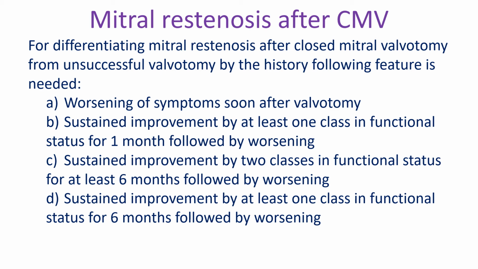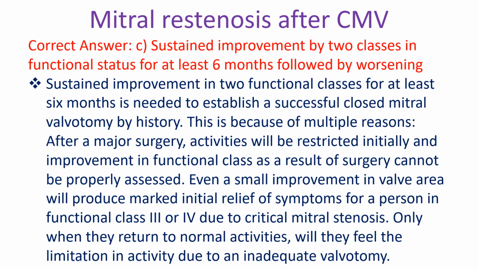C. Sustained improvement by 2 classes in functional status for at least 6 months followed by worsening. D. Sustained improvement by at least 1 class in functional status for 6 months followed by worsening. Correct answer C. Sustained improvement by 2 classes in functional status for at least 6 months followed by worsening.